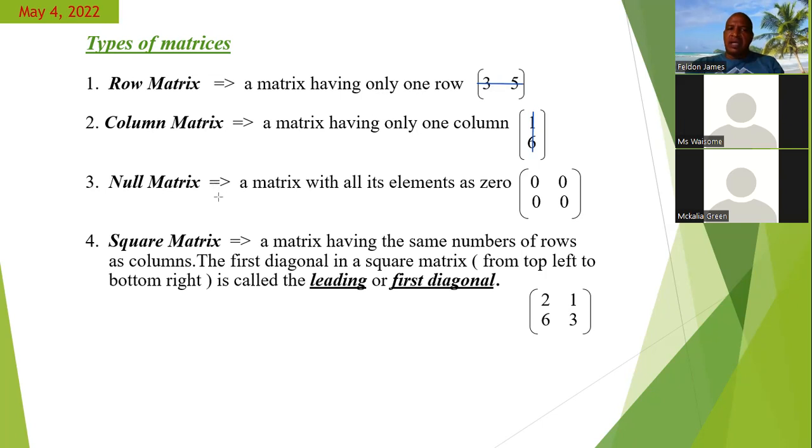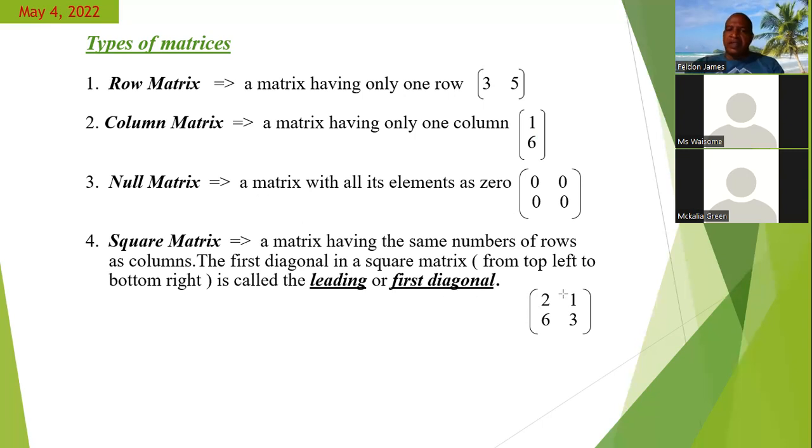Now we talk about a null matrix. A null matrix is a matrix where the elements are all zero. So once you look at the values in the matrix, or the elements, the numbers in the matrix, and they're all zeros, then you know you have a null matrix. Now we talk about a square matrix.